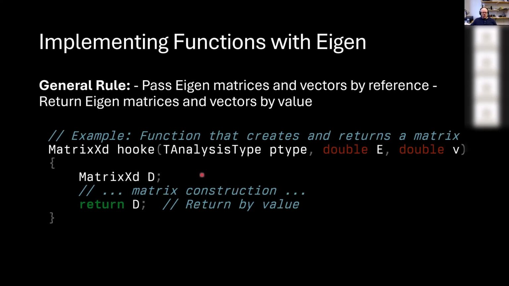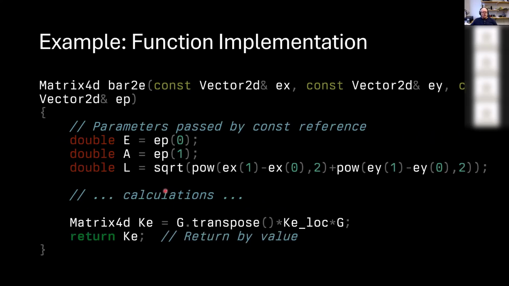This is just an example of returning by value. I'm going to just duplicate the slide here. I skip this one. So here is a more real example. I have a simple element function that will return a bar element, and it needs EX and EY as parameters, and the material property EP as the third.